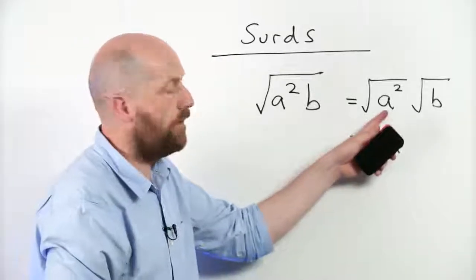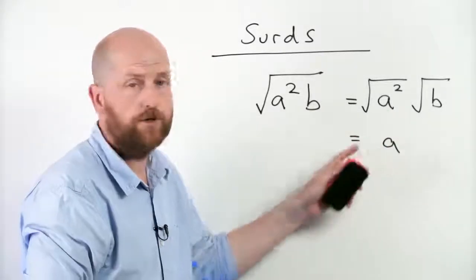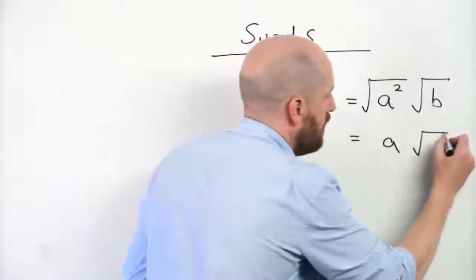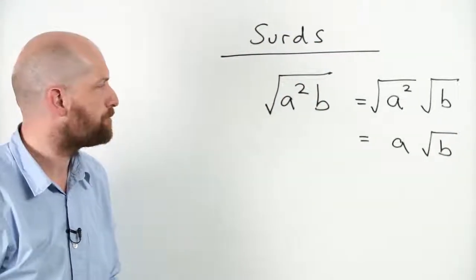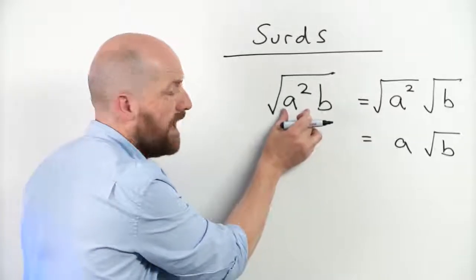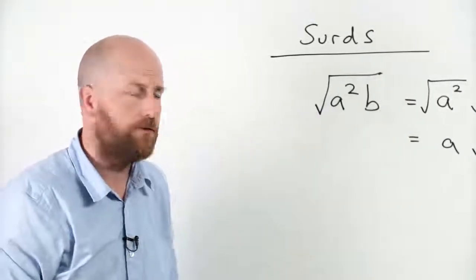So the square root of 2 squared is just 2. And so we can simplify this expression to a root b. So the idea of taking out squared factors outside that square root is important.